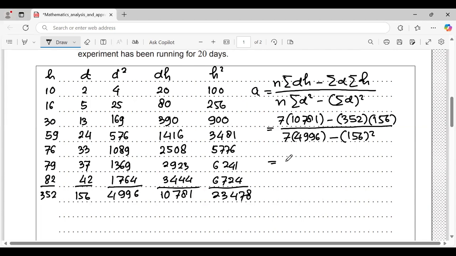And if you calculate, the result is 1.932587, rounded off 1.93.